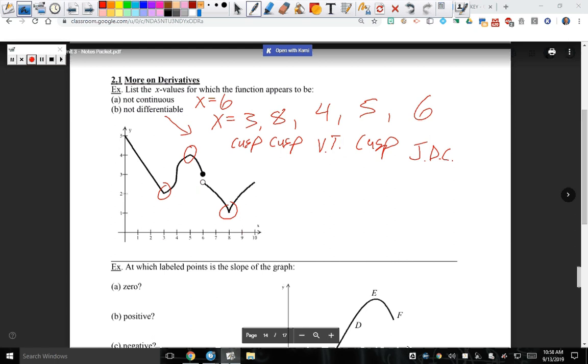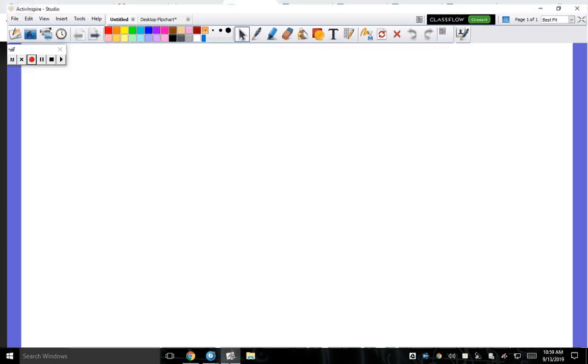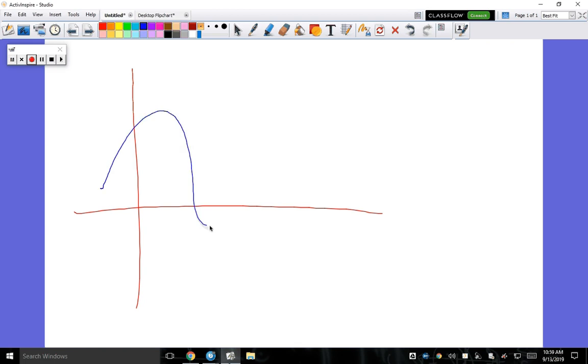Okay? So, let's come over here. And actually, I'm going to show you just real quick on this graph what tangents can look like.